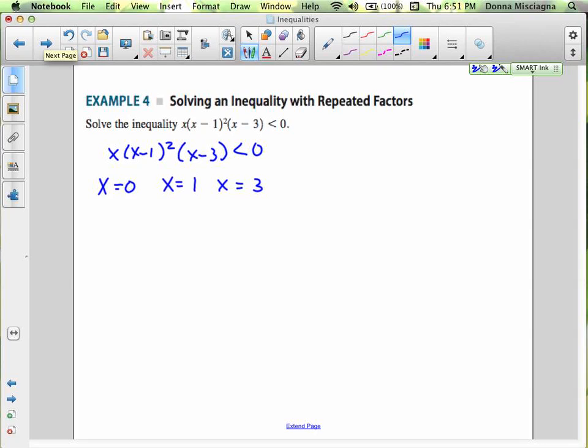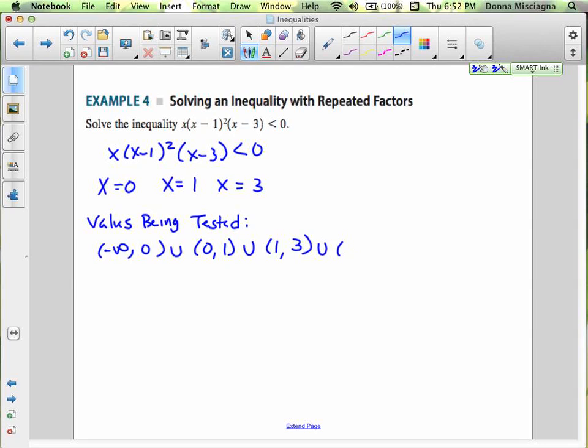That means the values that we're testing are the values between negative infinity and 0, 0 and 1, 1 and 3, and 3 and infinity. All right, so we're going to check values in each of those intervals.